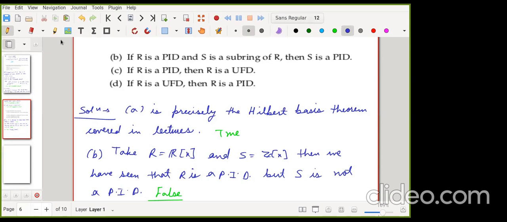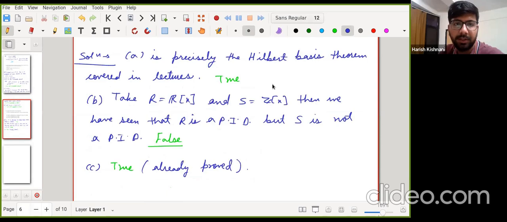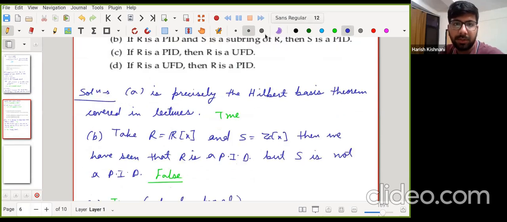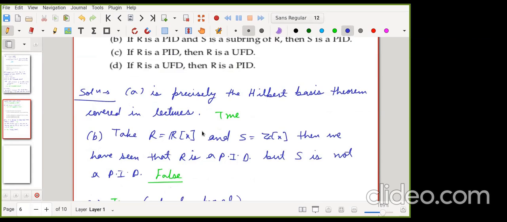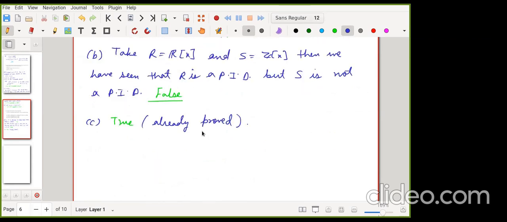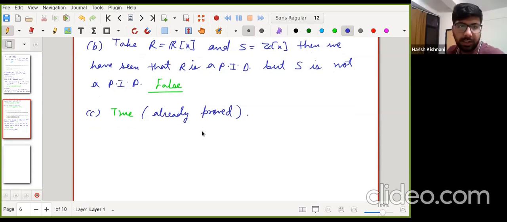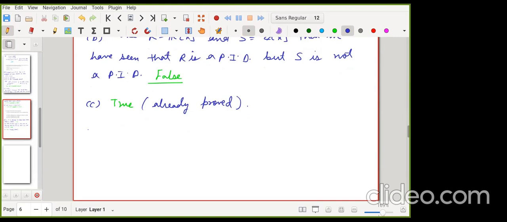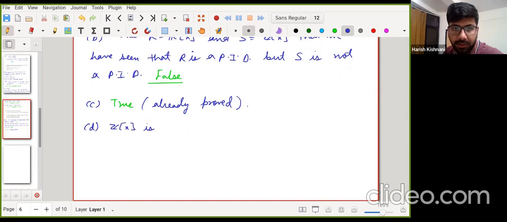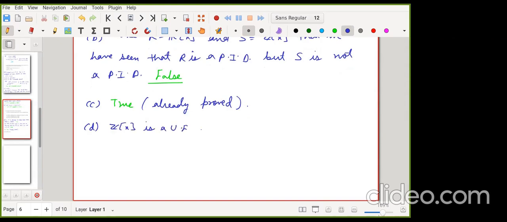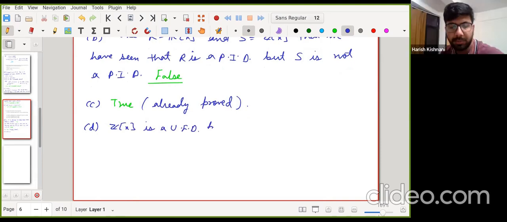Okay. So the third part we have already seen. What about the converse of the third part? Z[x]. Yes, Z[x] is a UFD, but not a PID.